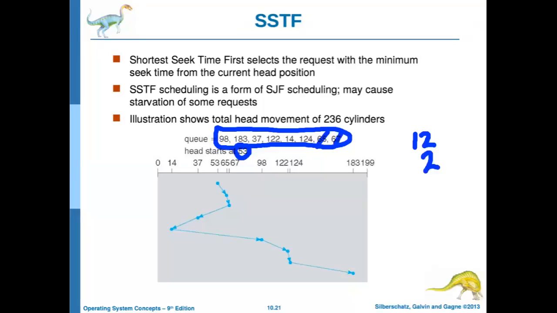Next is 37. So we need to calculate the difference, and this difference is 67 minus 37. That gives me 30.